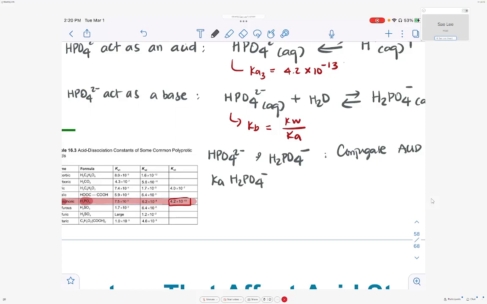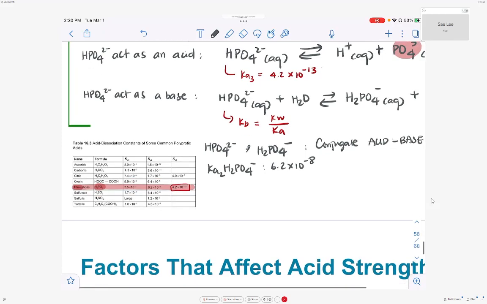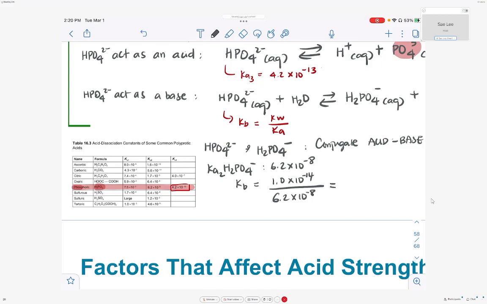Okay, so the Ka for this is going to be 6.2 times 10 to the negative 8. Okay, then Kb is going to be basically Kw divided by Ka. Kw is always 1.0 times 10 to the negative 14 divided by 6.2 times 10 to the negative 8. Then you have a Kb value of 1.6 times 10 to the negative 7.